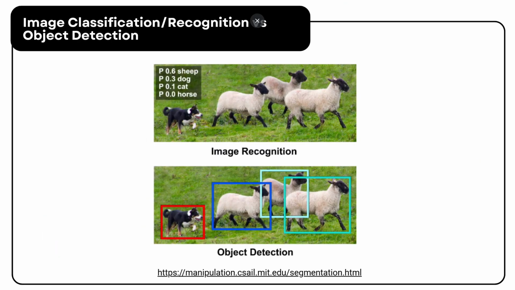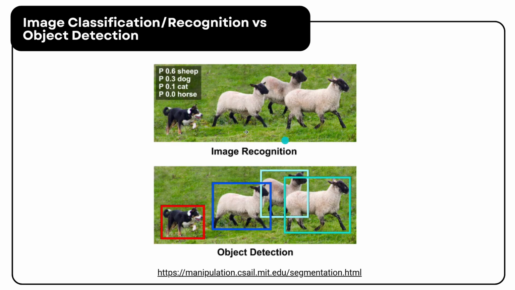Okay, so this slide helps clarify what computer vision tasks like image classification and object detection are and how they differ. Here we see image recognition or classification.